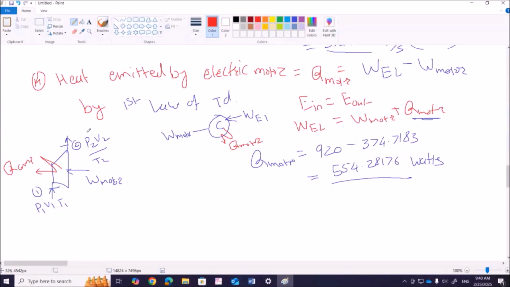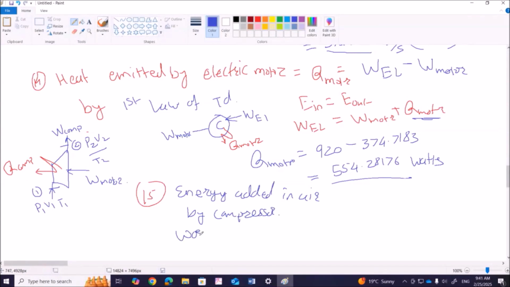Low pressure air is converted to high pressure, means some energy is added to the air, and that is the useful output, W com. Means work done by the compressor, energy added by the compressor, or we can say work done by compressor. The meaning is same.